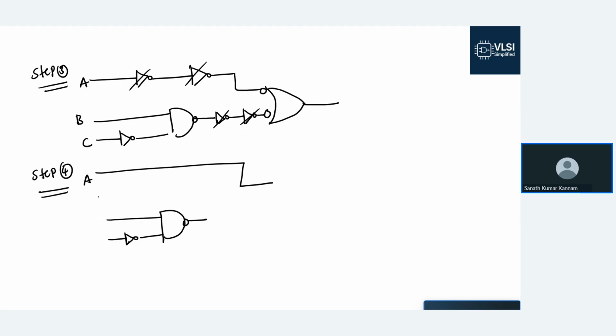So this is A, B, and C. One second. This is the bubbled NOR, no? Bubbled NOR. Okay, bubbled NOR. So after cancelling the inverters, this is the circuit. Okay, bubbled NOR.